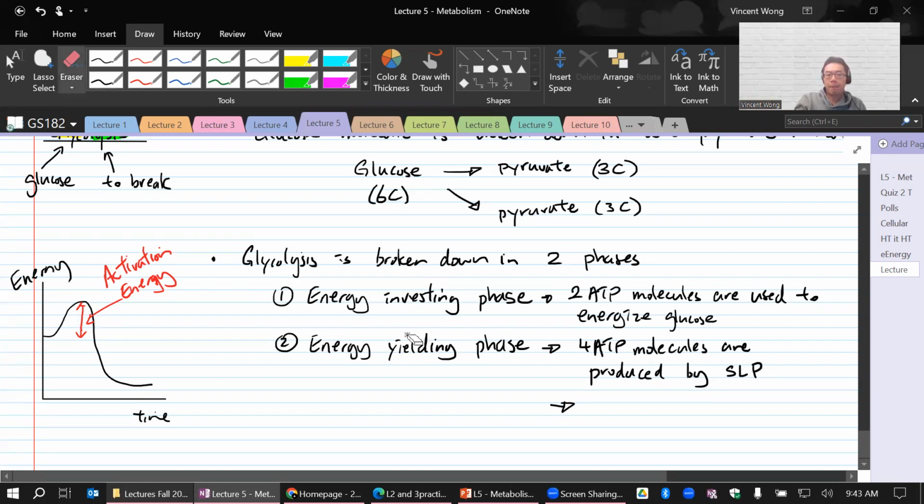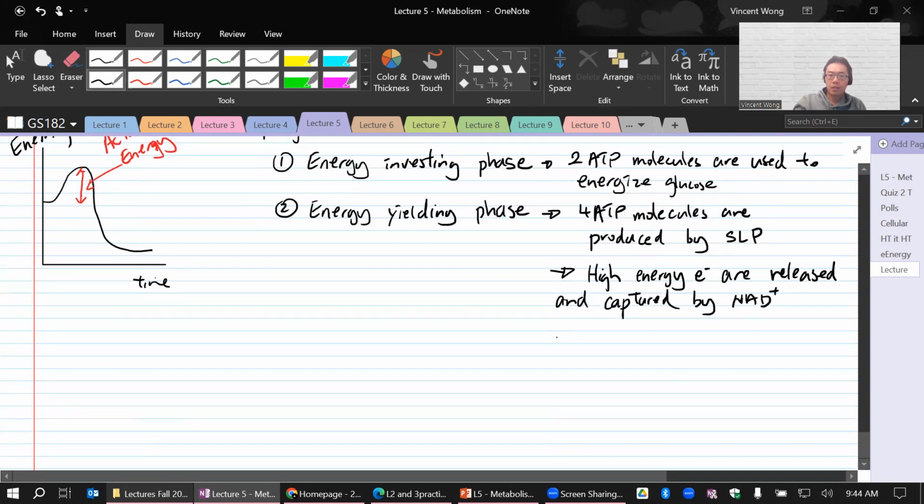But in the energy yielding phase, high energy electrons are released as well, and captured by NAD+. So 2 NADH are produced.